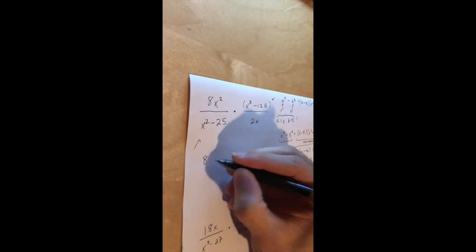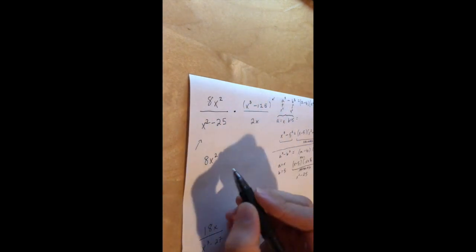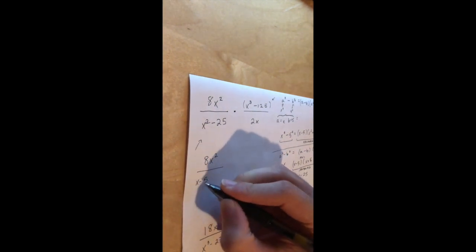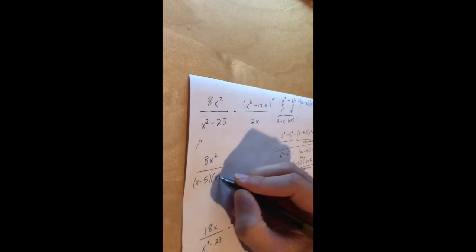So this is now 8x squared over x squared minus 25, which becomes (x minus 5)(x plus 5). And that's being multiplied by x cubed minus 125, but we factored that.